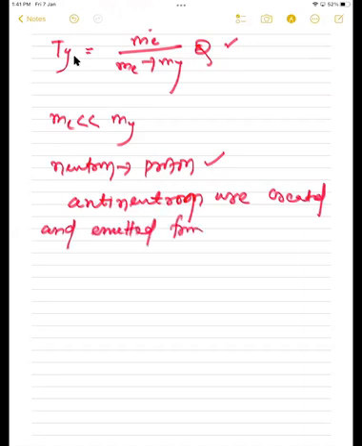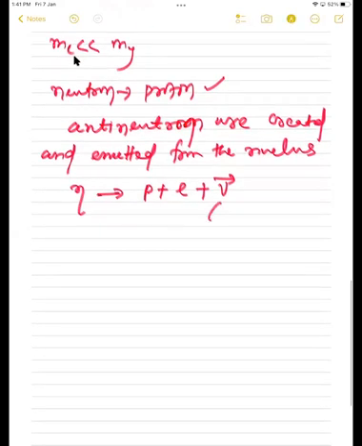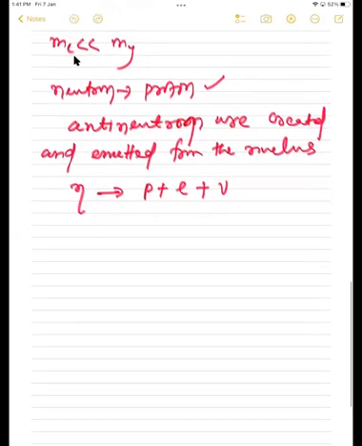So neutron gives proton plus electron plus anti-neutrino. This symbol, nu bar, see here, denotes the anti-neutrino.